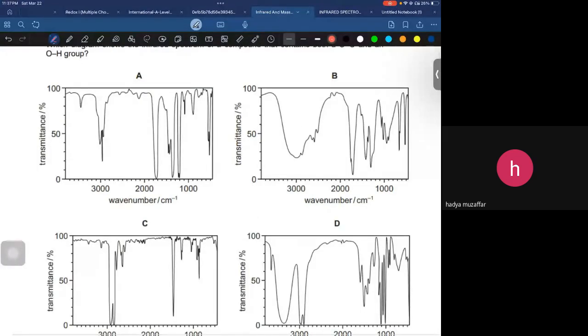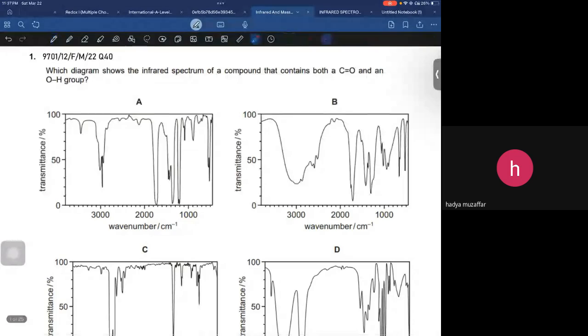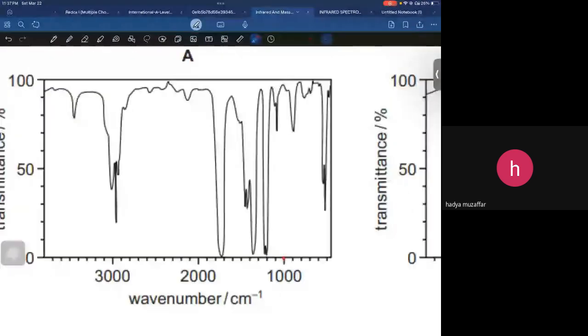Let's check A. I'm not going to consider this region. This is 1000, this is 2000, this would be 1500, and this is 3500.